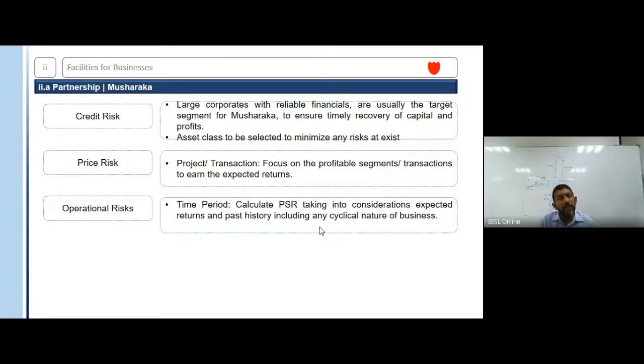Let's say you enter into a musharaka with a hydropower company, and let's assume the second quarter is a dry quarter for the company. It makes losses. It doesn't generate enough revenue during that quarter. But you have agreed that you will share profits and losses during only the second quarter. Chances are you will end up sharing losses.